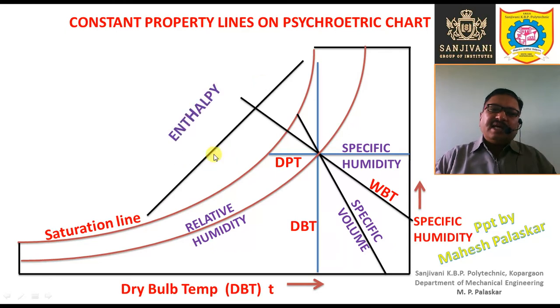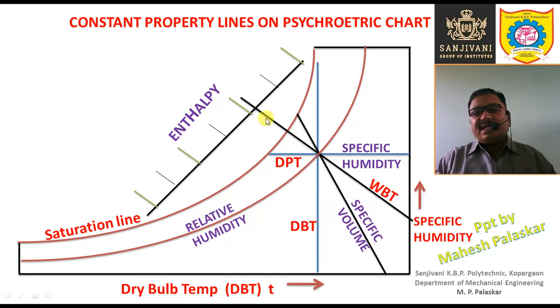This is the enthalpy scale, right? This enthalpy scale is generally perpendicular to the constant wet bulb temperature line. So these are the various constant property lines and properties on the psychrometric chart, which we have studied previously in the previous video.